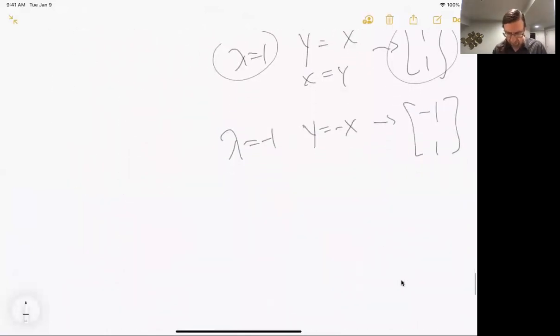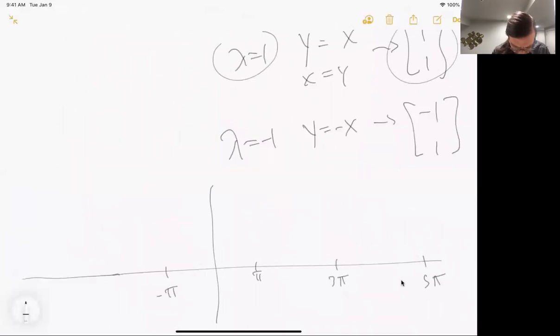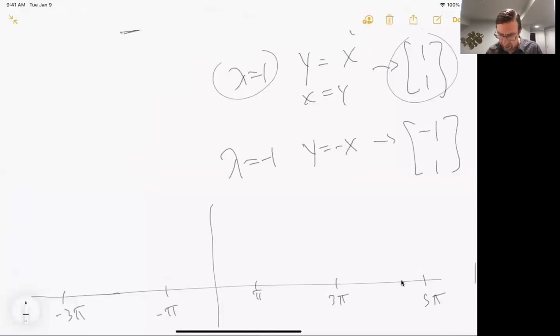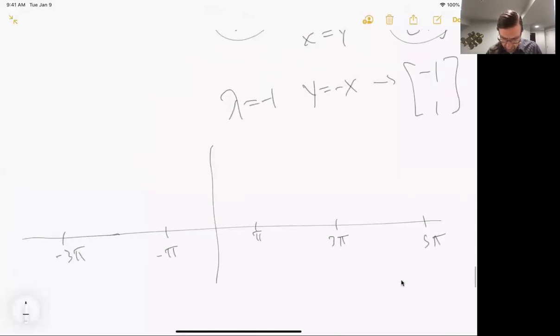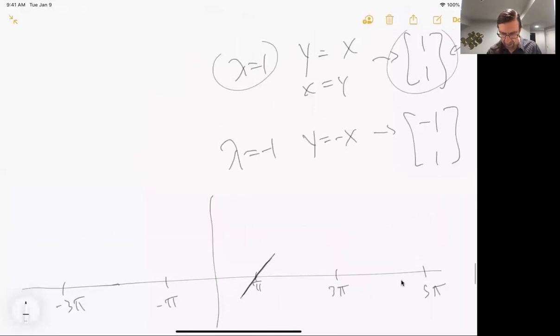Right? So let's do those first. So we see odd multiples of π. So we have π, 3π, 5π, doing odd multiples of π, comma 0. And for those, we have (1, 1), an eigenvector that points along the line y equals x at that point.